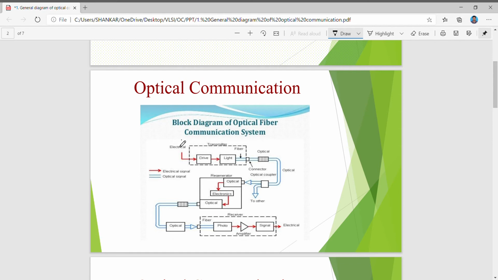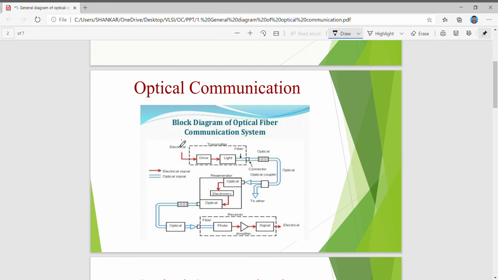Our electronic devices are replacing the electronic cables, represented as copper cables, with optical fiber cables. So here the input signal is the electrical signal.